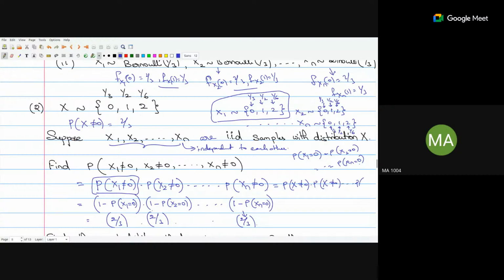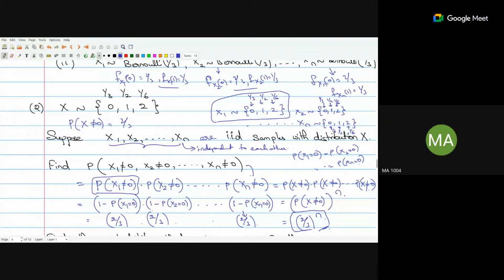So if I write it like this, it becomes the probability that X not equals 0, to the power n, which equals 2 by 3 to the power n. Even if you sit down computing each and every probability, you will end up getting this. But using the property of identically distributed, we have independent and identical.